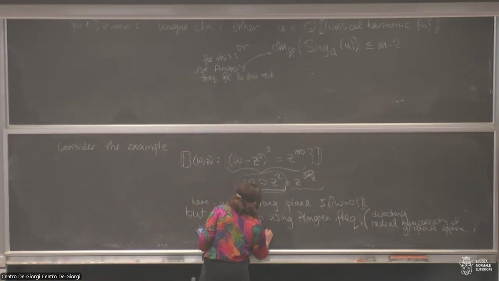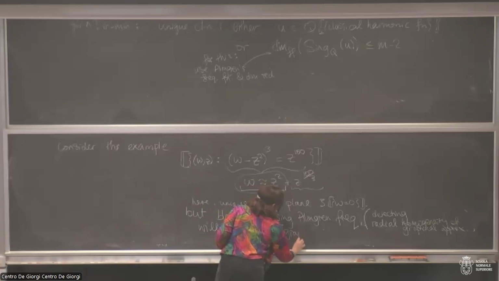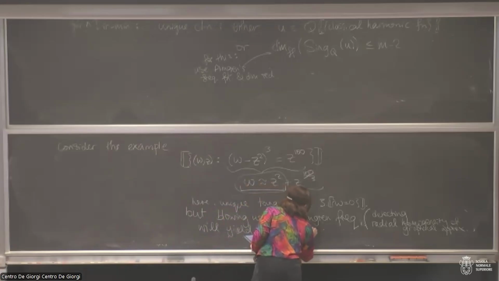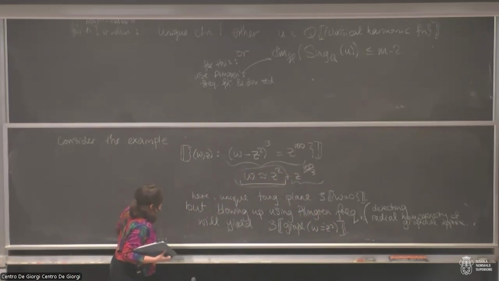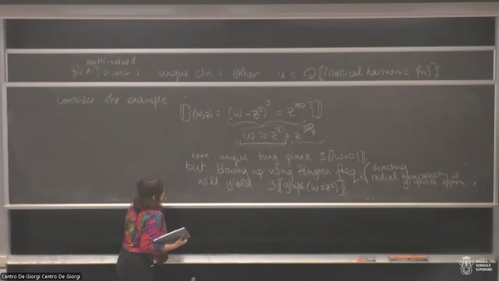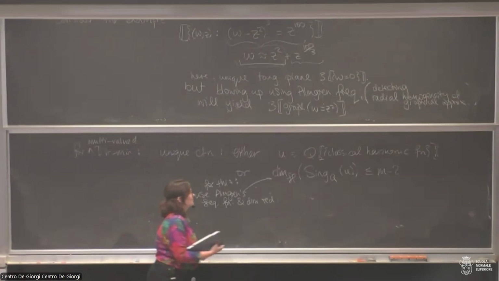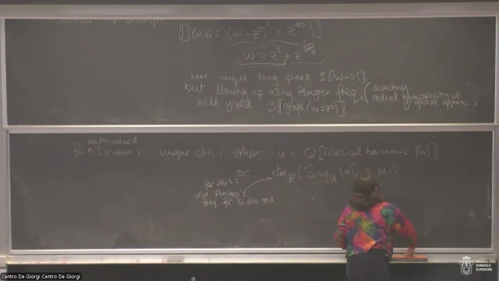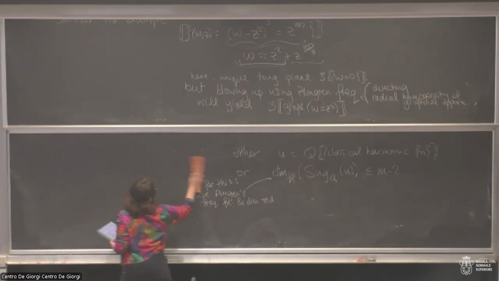So we'll yield the 3 copies of the graph, the graph of w equals z squared. So, right, this is precisely what one does not want, and somehow this is no different to, in some sense, the issue that you get with taking tangent cones in the first place, because everything is just collapsing onto this super nice regular surface.